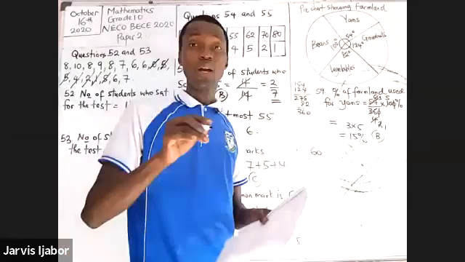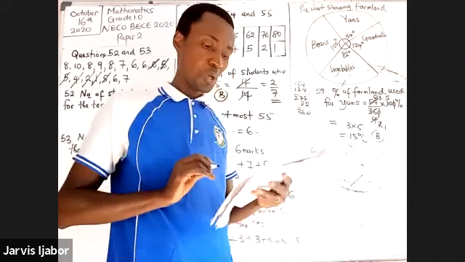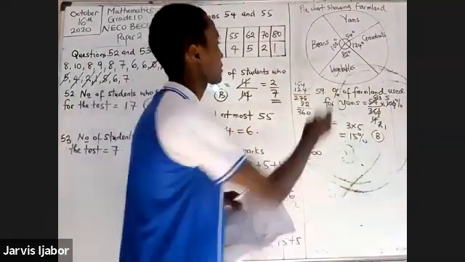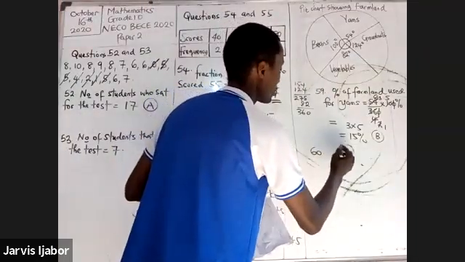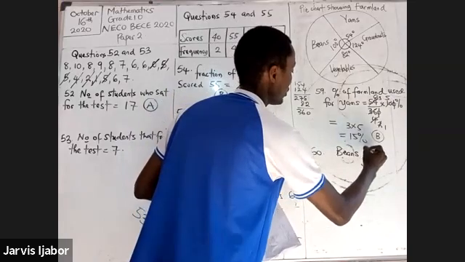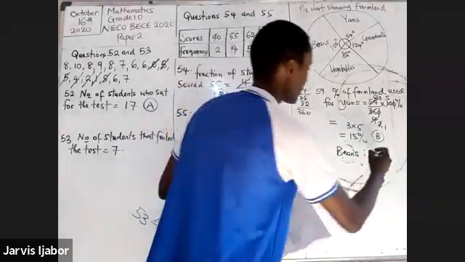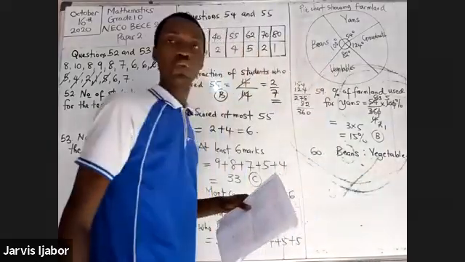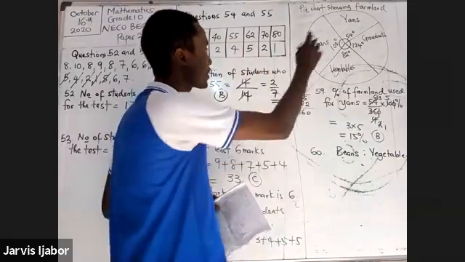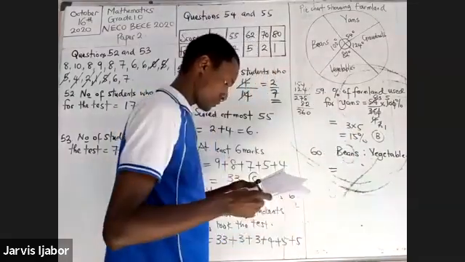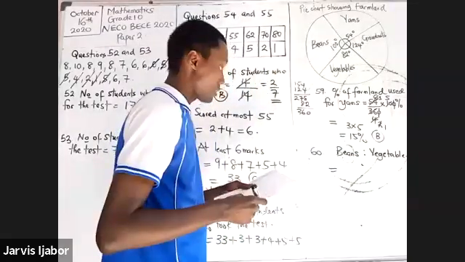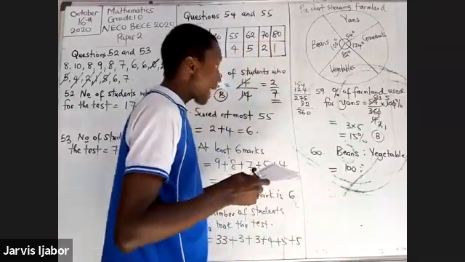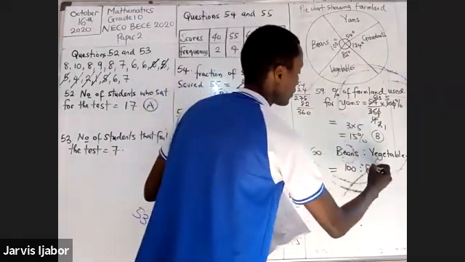Then question 60, we are not testing your knowledge of ratio. So what is the part assigned to beans? 100. So beans is to what? Vegetable. Beans to vegetables will be 100 is to 82.